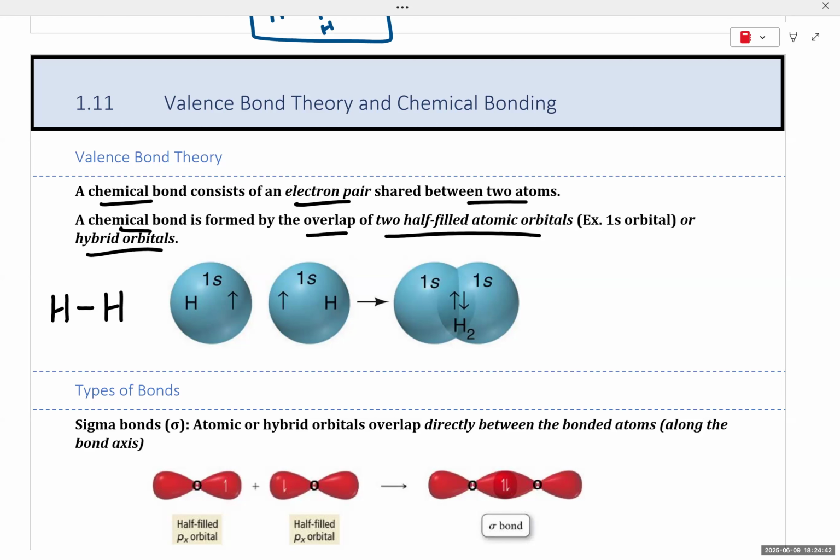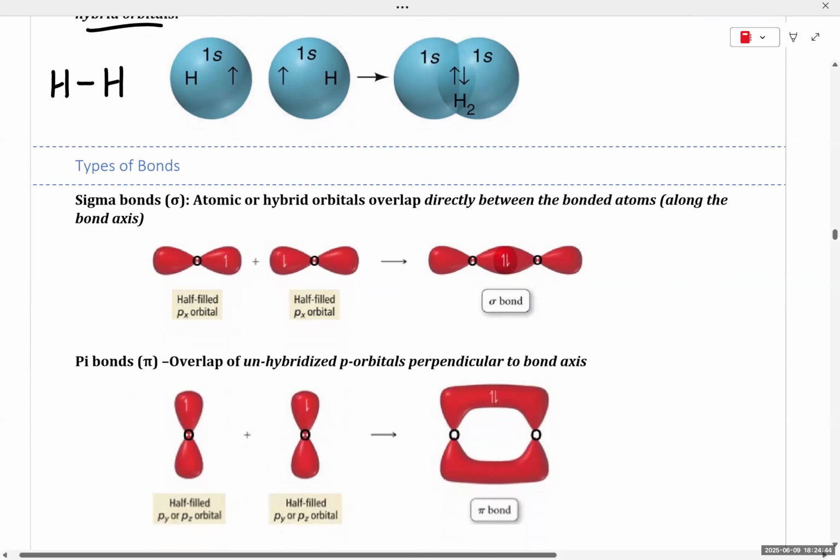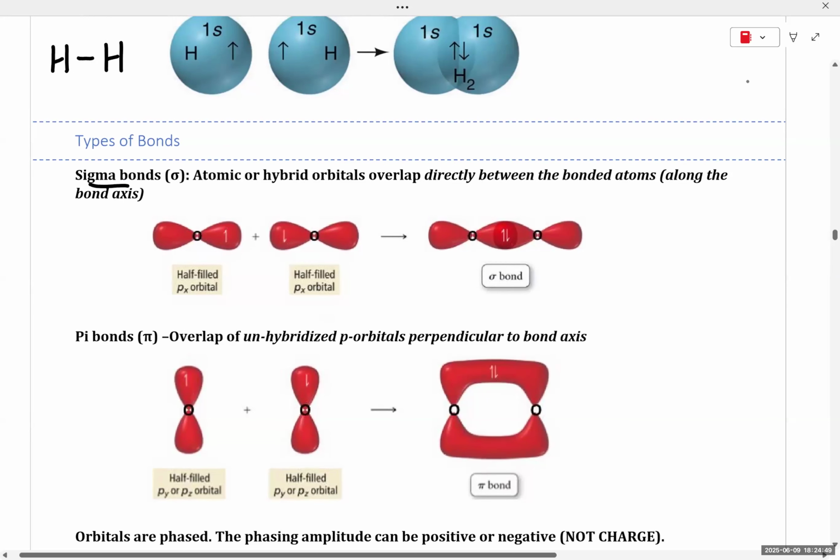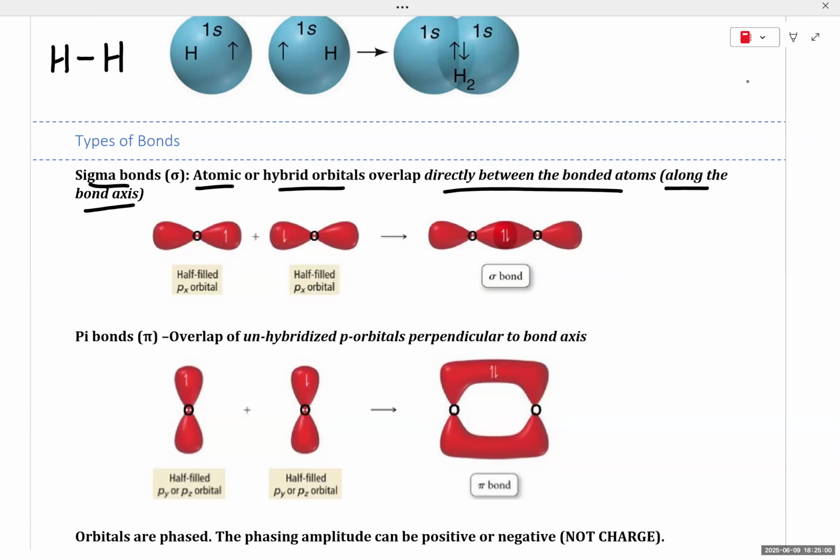Okay, let's now talk a little bit about the types of bonds. So sigma bonds involve an overlap of atomic or hybrid orbitals directly between the bonded atoms along the bond axis.